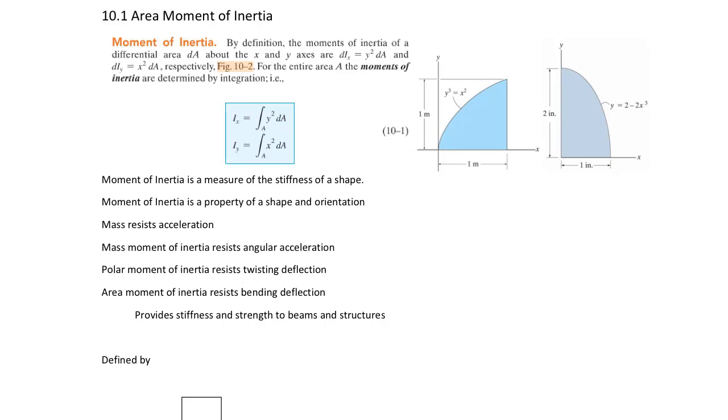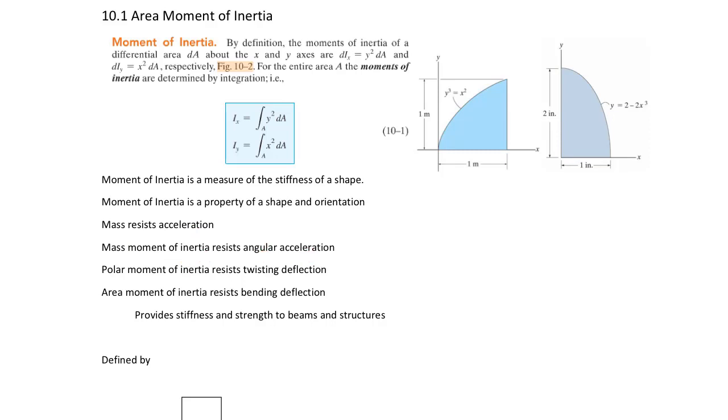And the concept of inertia, we may have some experience with, but I kind of think of inertia as some sort of resistance to something. So in other words, if you were trying to push something, mass would resist its acceleration. The greater the mass, the smaller the acceleration for a given force.